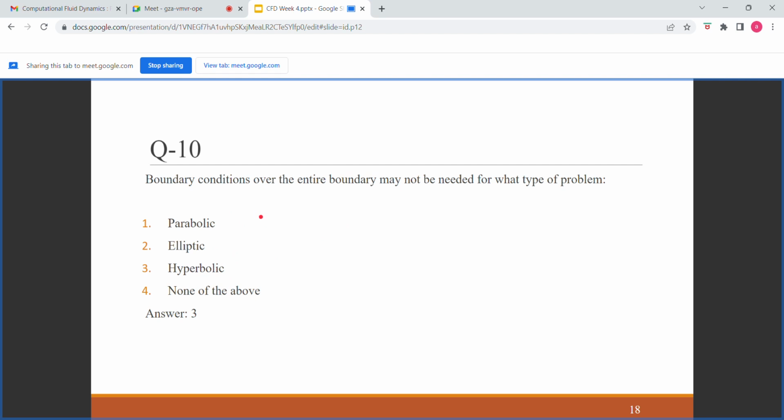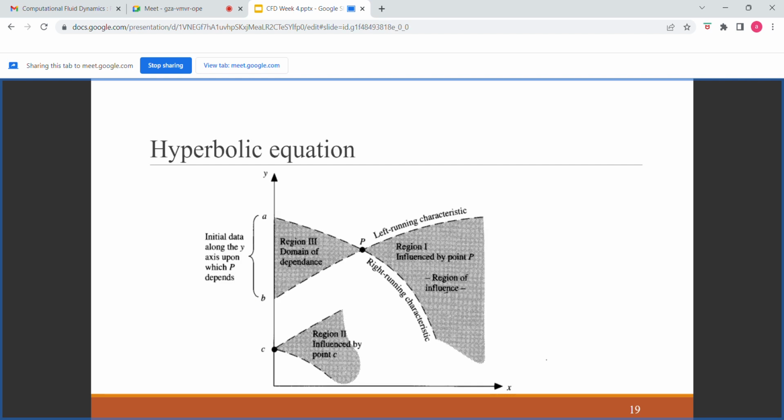So when there is a quasi-linear equation, based on Cramer's rule or something, we classify those partial differential equations.